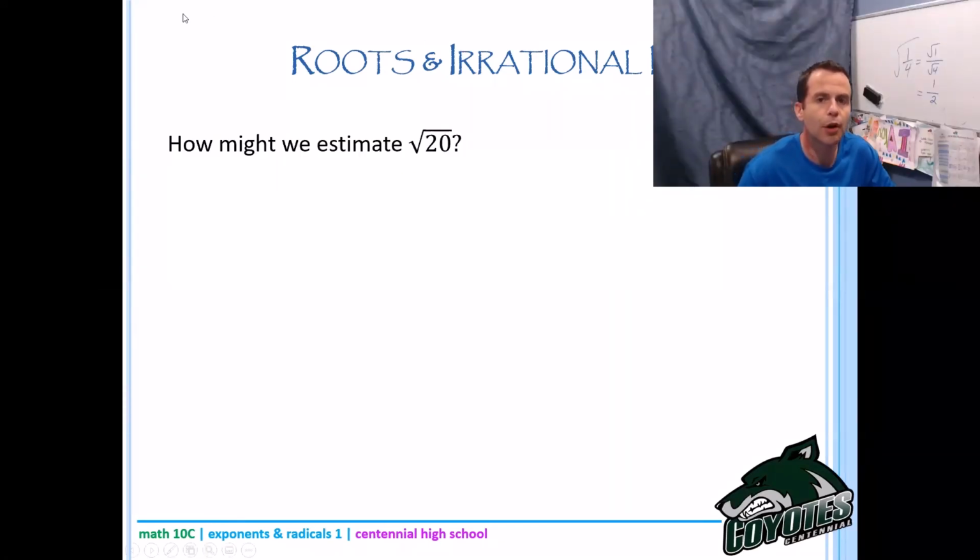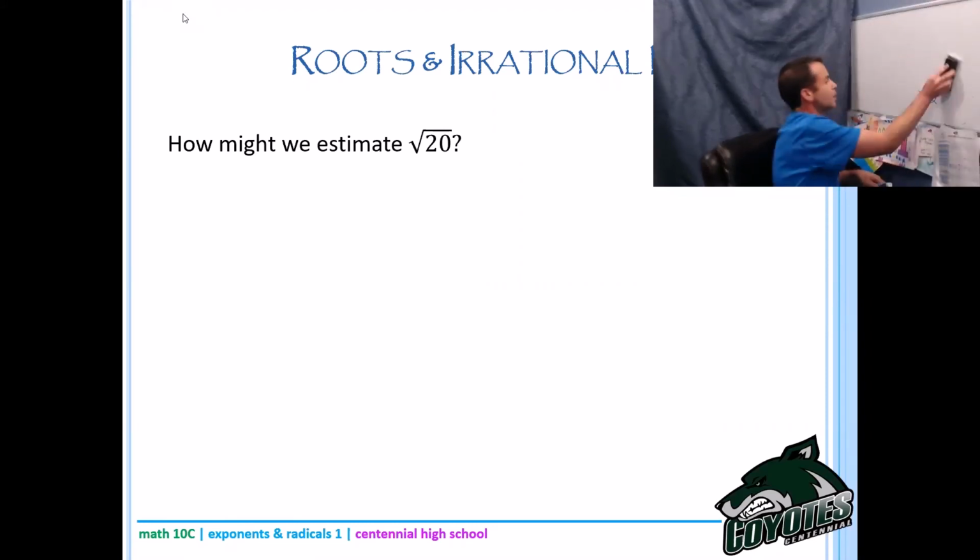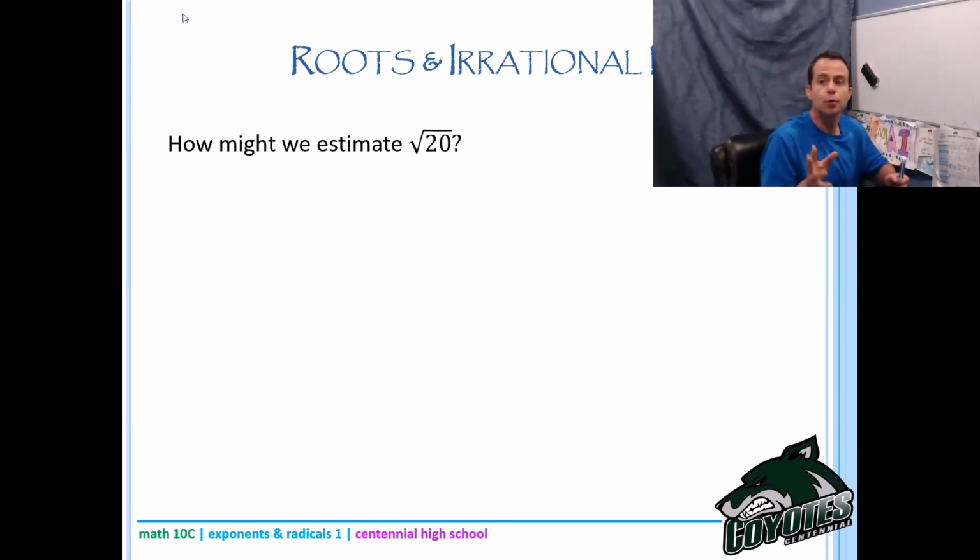So thinking through all that table that you just created, how might we estimate the root of 20? So here's what I want you to think about. I want you to find guideposts for yourself, okay? That's why I got you to write all that stuff down on the table. As soon as I say I want you to estimate root 20, I want you to think of 16 and 25.